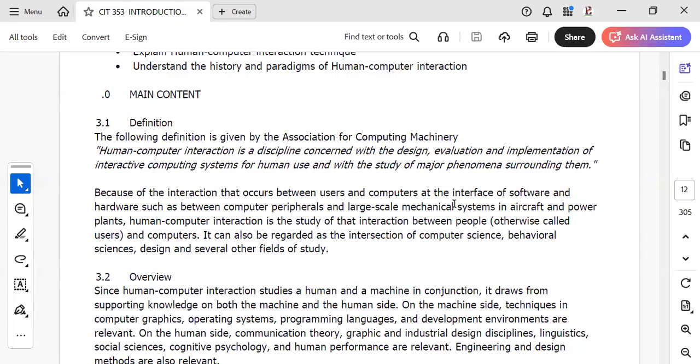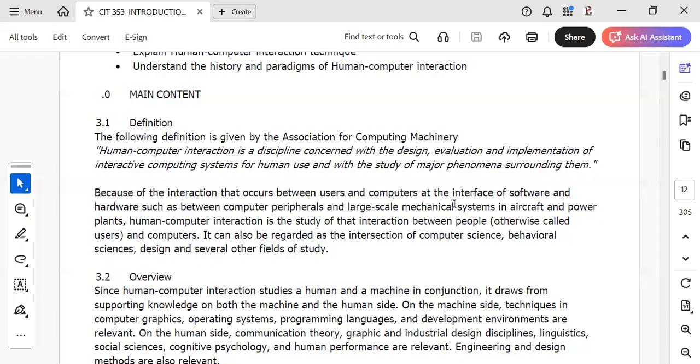And what that discipline deals with or studies is the design and evaluation, and also the implementation. First of all, designing convenient interactive computing systems. Not only designing them, evaluating them, and finally implementing them for human use. So designing not only a computer, but interactive computers or interactive computing systems.